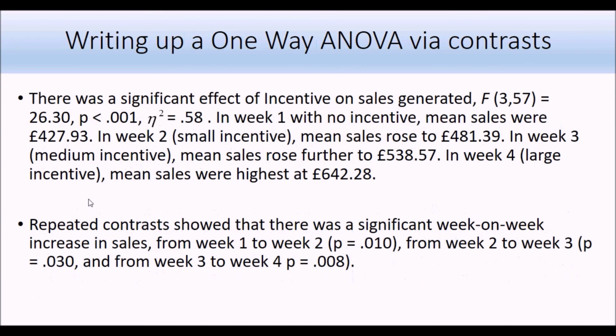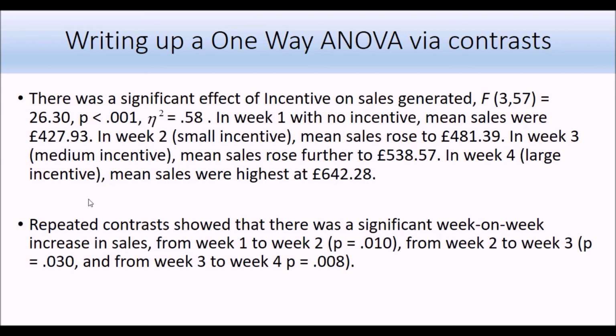If you were using contrasts and writing this up, then you could write it up something like this. The first paragraph would be the same as before, but then for the repeated contrasts, we found that there was a significant week-on-week increase in sales from week 1 to week 2, from week 2 to week 3, and from week 3 to week 4.